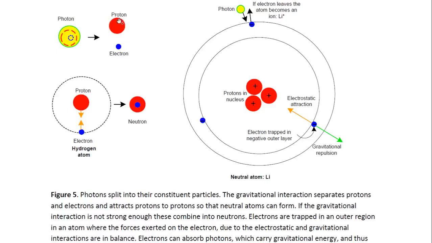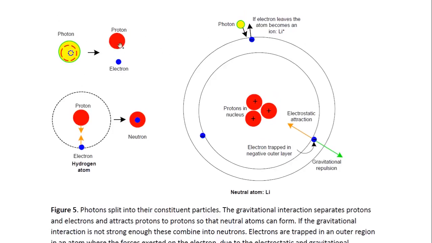Now, because of the strong attraction between protons, fusion will occur, and that will tend to the formation of heavier nuclei. And heavier nuclei just have more than one proton in the nucleus, and they can have over 100 protons in the nucleus.